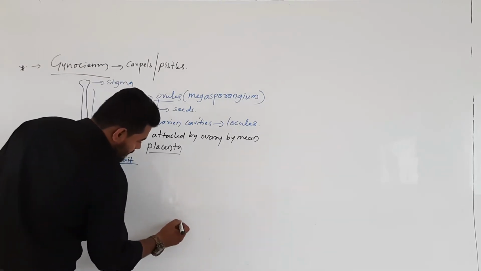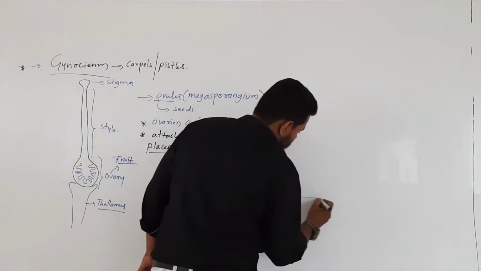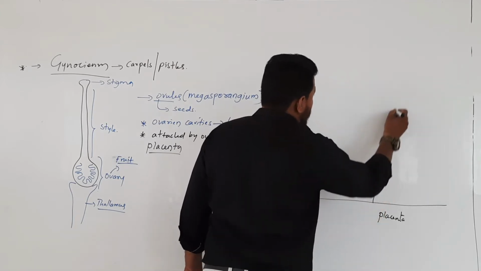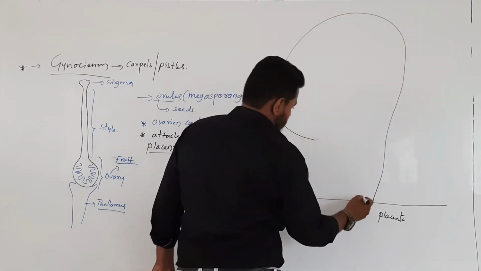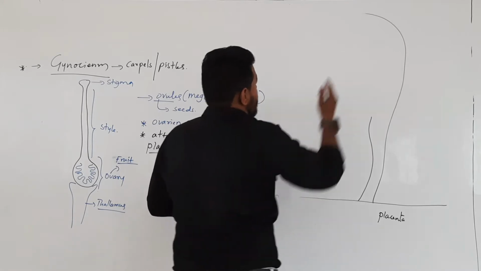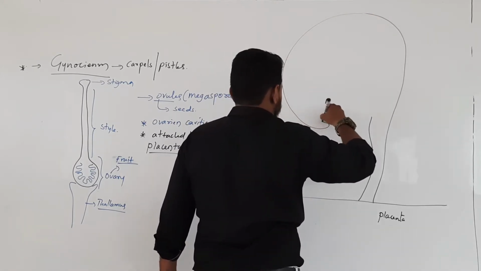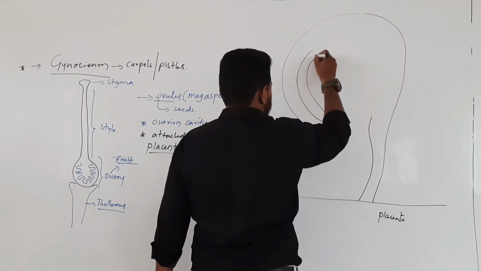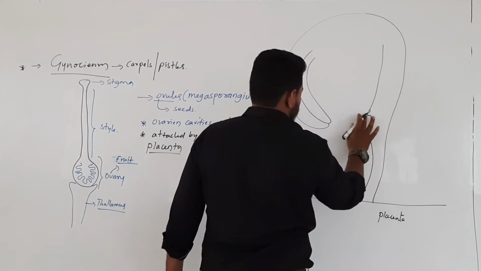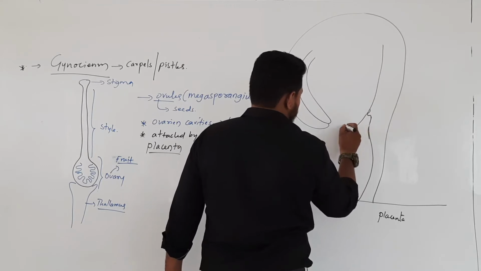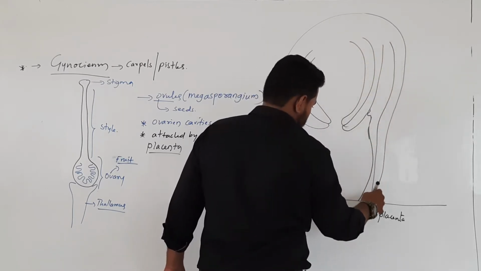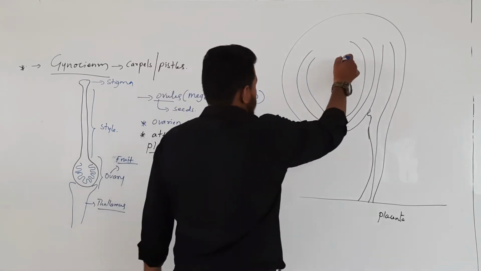So consider this is the placenta, and here the ovule is developed. It's a simple structure of an ovule, you can see here.